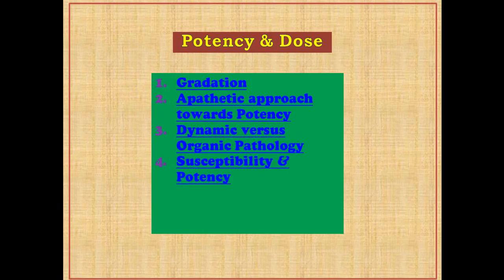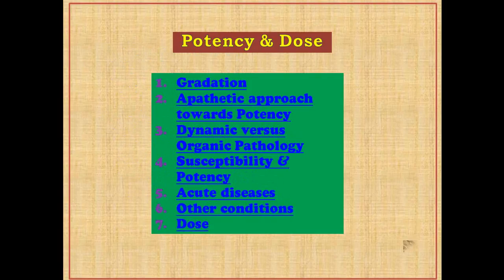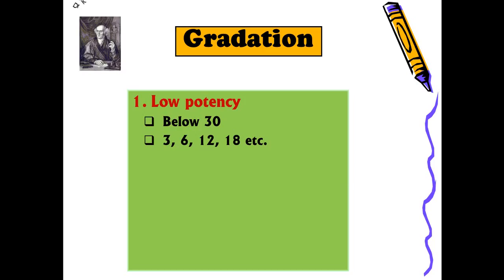Potency and dose, in short, repetition is implied. Here this is categorized into these 7 subtopics. One is gradation, then apathetic approach towards potency, dynamic versus organic pathology, susceptibility and potency, acute diseases, then other conditions, and dose.